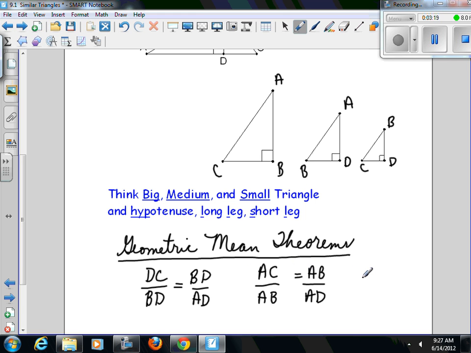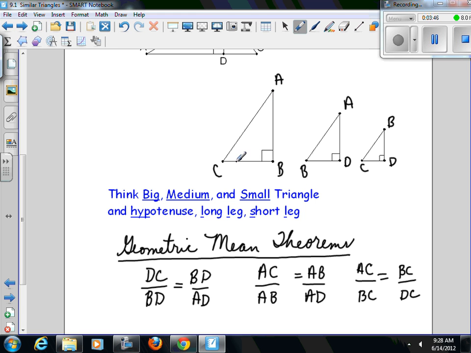And then lastly, we also have that the ratio of AC to BC is the same as the ratio of BC to DC. So that is comparing the larger triangle to the smaller triangle.